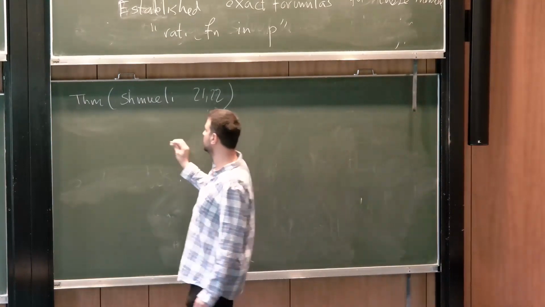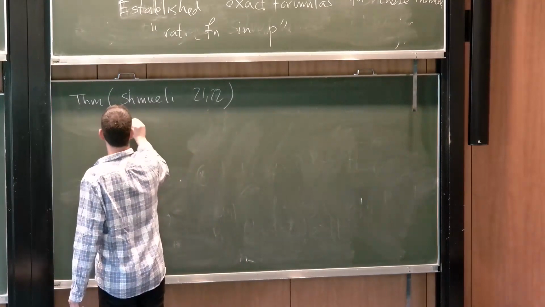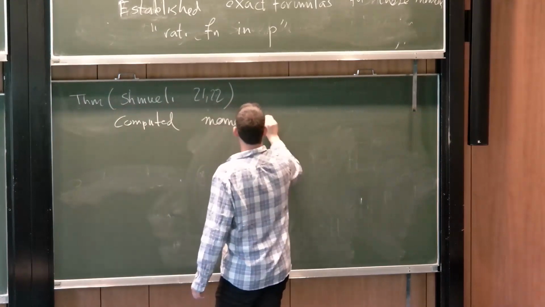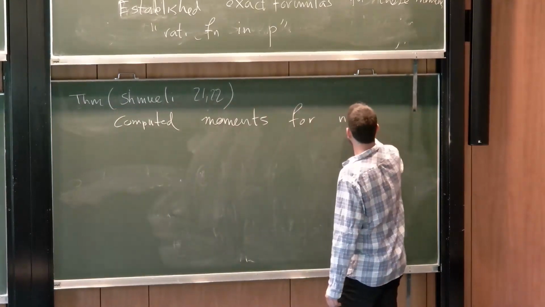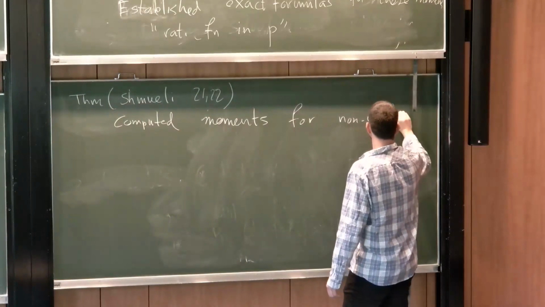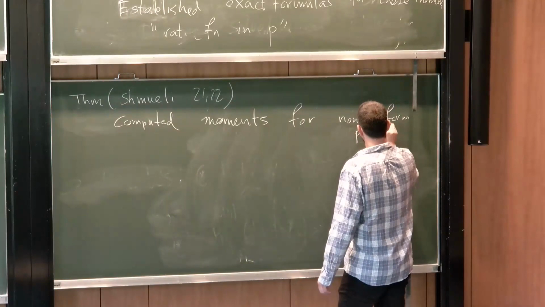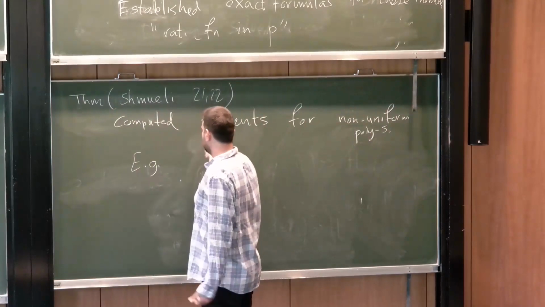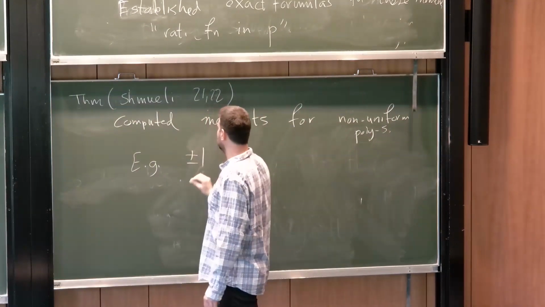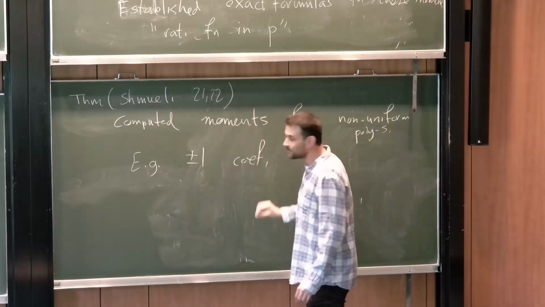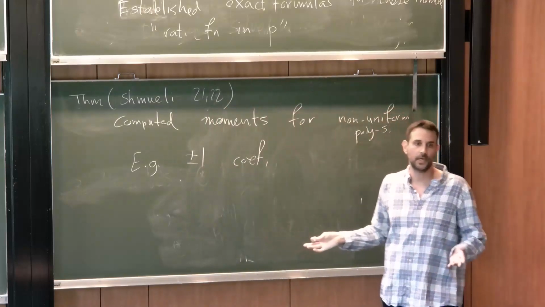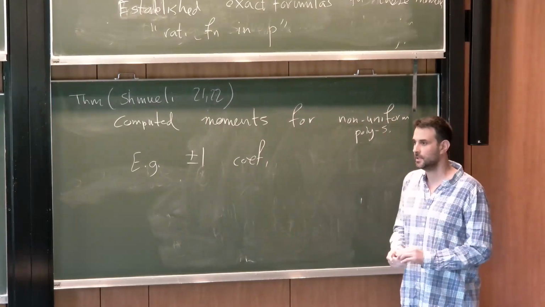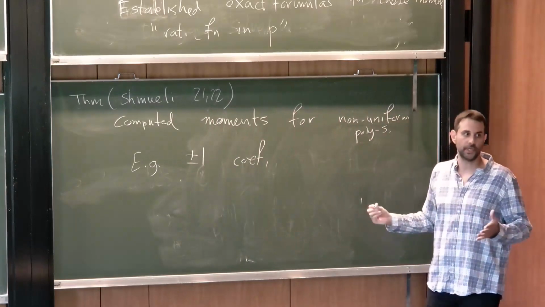But okay, let me state the result. I'm not going to write a statement formally, but he computed moments for non-uniform polynomials. There are some technical conditions, but I find it a good result because it contains the plus or minus one coefficients. When you consider random polynomials, this is one of the go-to models. So if you can do something for this, it is a milestone, but it's a much more general result.